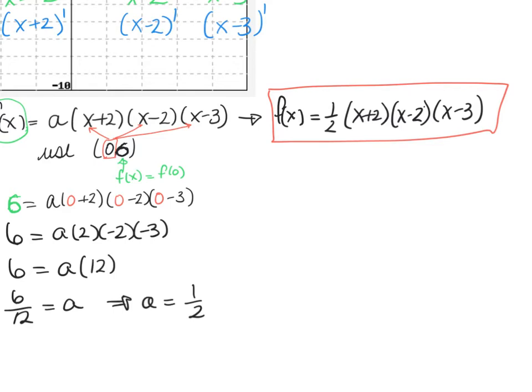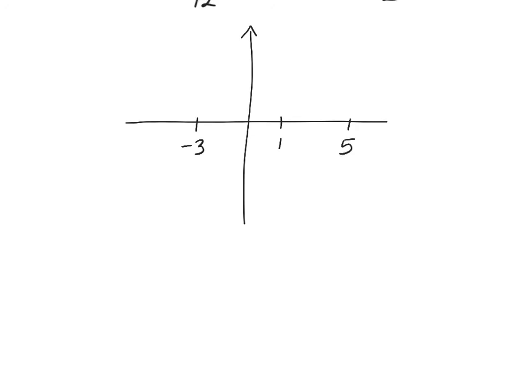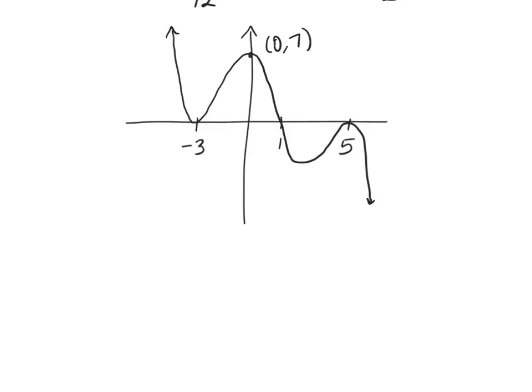You all ready to try one? Okay. Now, mine won't be pretty, so I'm just going to draw it down here. And I'm going to give you this point, 0, 7.